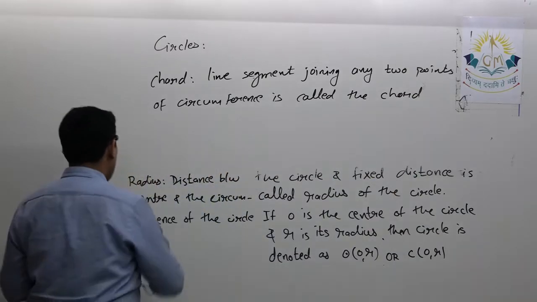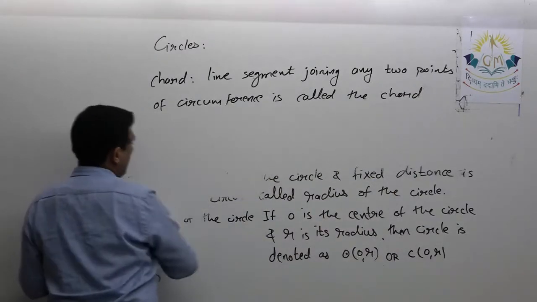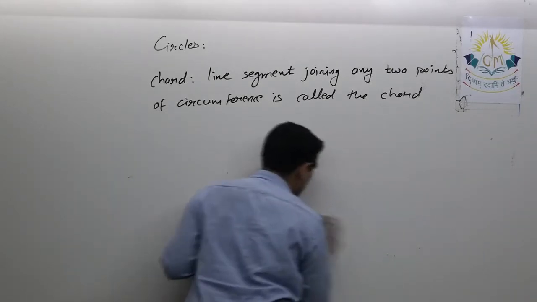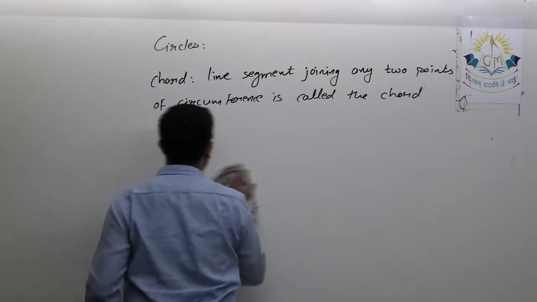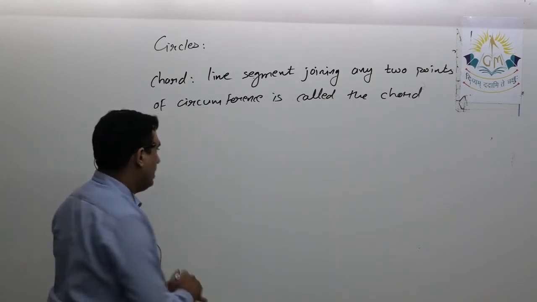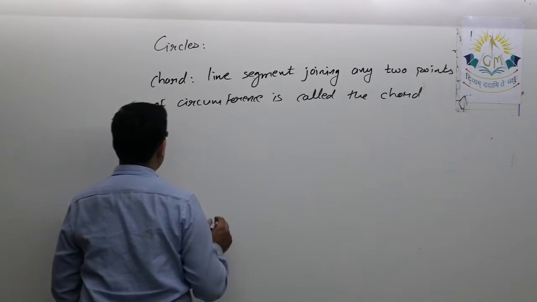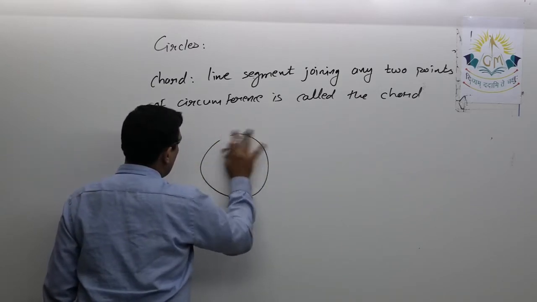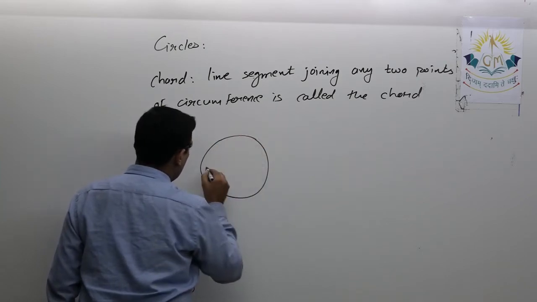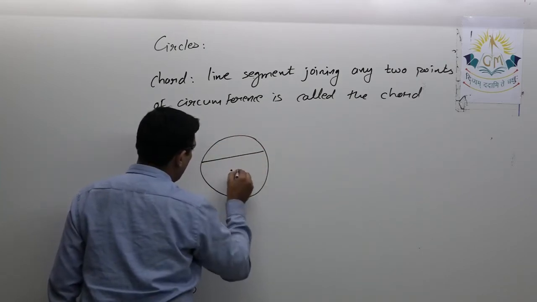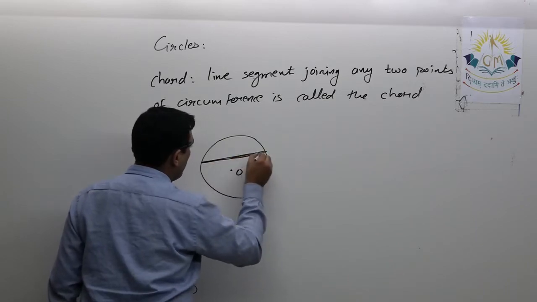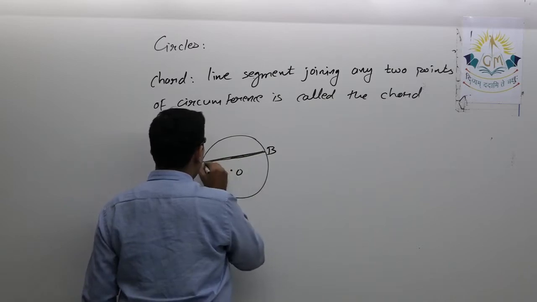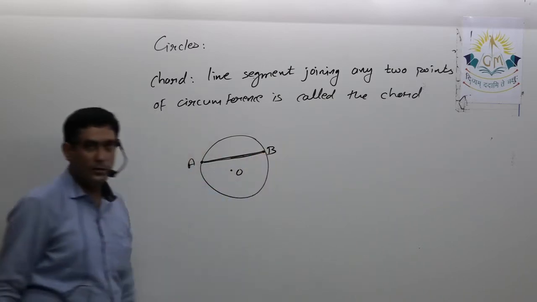Now we'll see a chord which passes through the center of the circle. So if I draw a circle in this way, and O is the center, then this is the chord AB. This joins any 2 points on the circumference, so this is the chord.